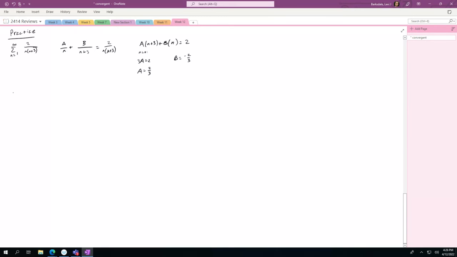Which means right now we have the sum from n equals 1 to infinity. I'm going to factor out 2 thirds. Now I'm left with 1 over n minus 1 over n plus 3. I can do this because of my scalar multiplier: if it converges, then I basically ignore the scalar.